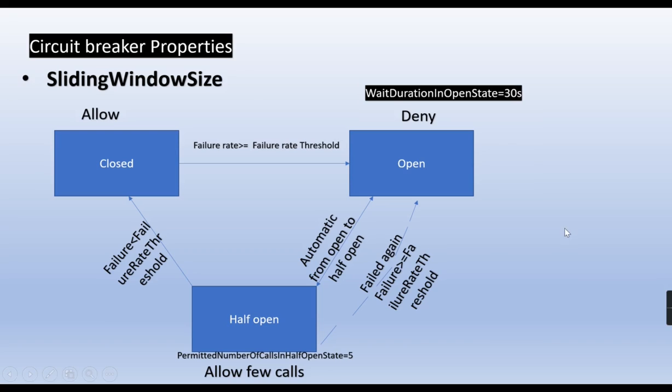That is the reason we are setting an automatic transition from open to half open. We are not going to keep this status open for a long time. It would be for a limited time, and that limited time is 30 seconds only. That is the wait duration in open state equal to 30 seconds.